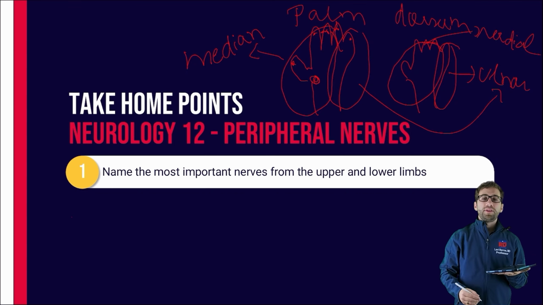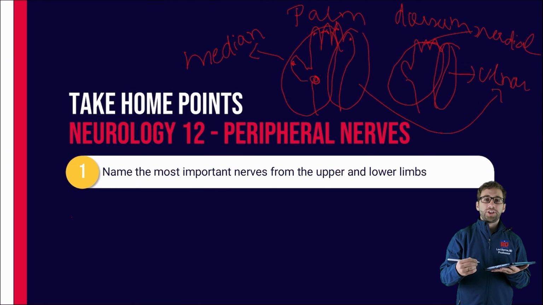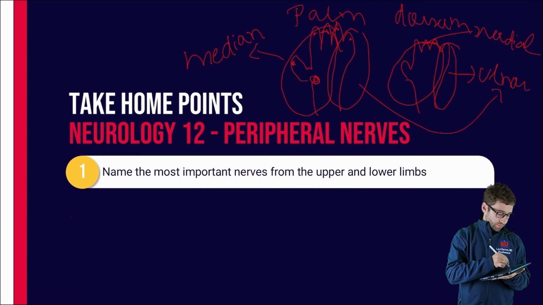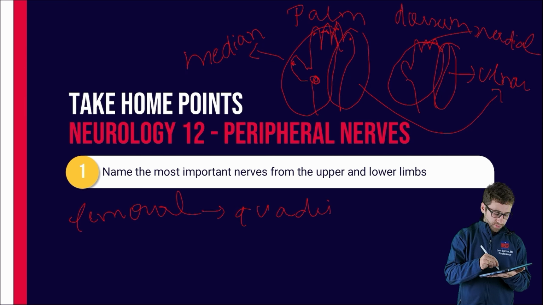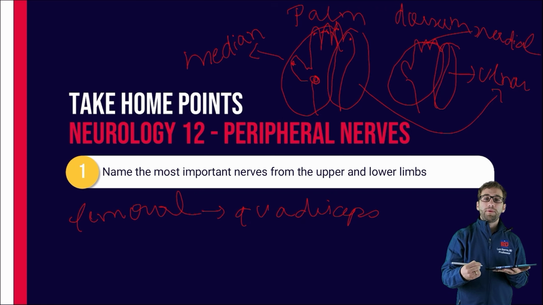For the lower limb, the important nerves are the femoral, the sciatic, and the obturator nerves. The femoral nerve anteriorly innervates the quadriceps. Femoral, quadriceps, and provides sensory input to the anterior thigh and medial leg, mostly the anterior thigh.